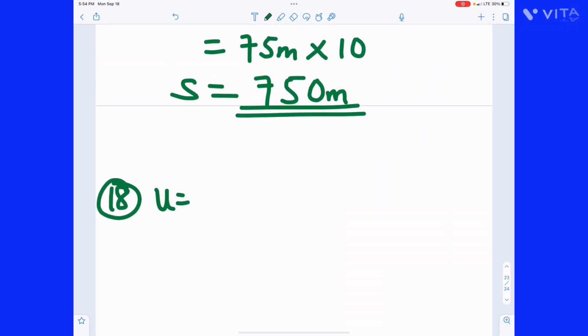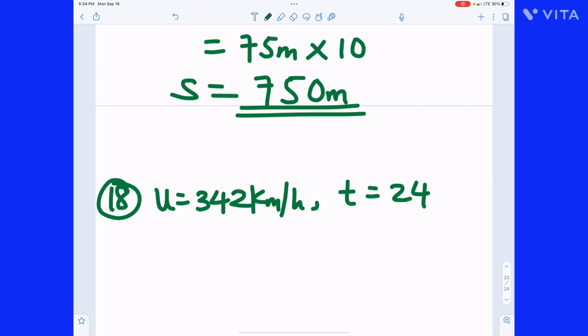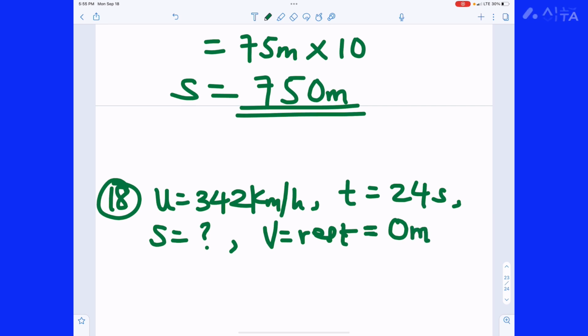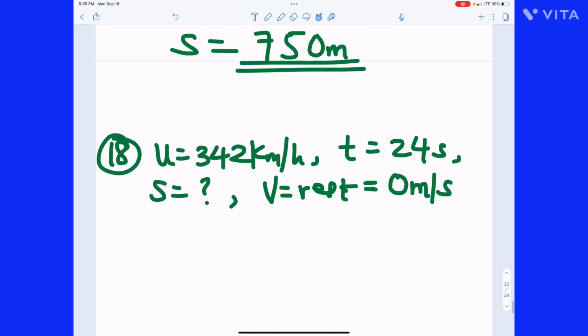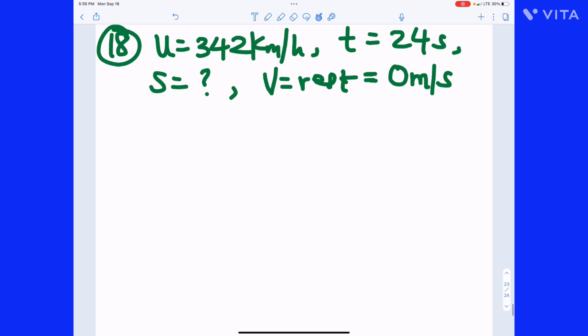It landed with an initial velocity of 342 kilometers per hour and came to rest in a time of 24 seconds. We need the distance traveled before coming to rest. So final velocity was rest, which is 0 meters per second.